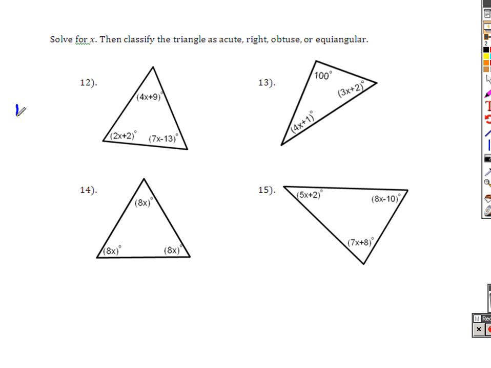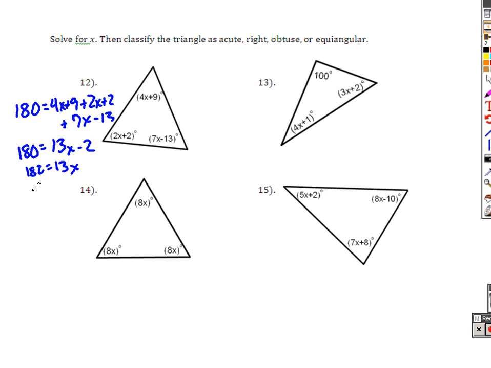So in this first one, we have 180 equals 4x plus 9 plus 2x plus 2 and then plus 7x minus 13. Simplify it, 180 equals 13x minus 2. That means that 182 equals 13x, and in the end, you should get x equals 14 for that problem. That's the basic format for every single one of these.